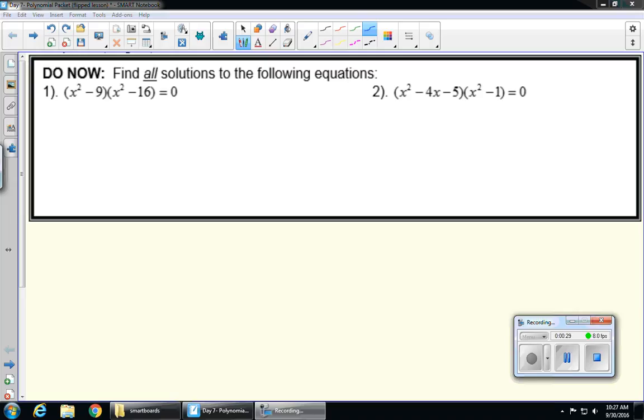So when we factor the first equation, both of those binomials can be factored further. They are both the difference of perfect squares.